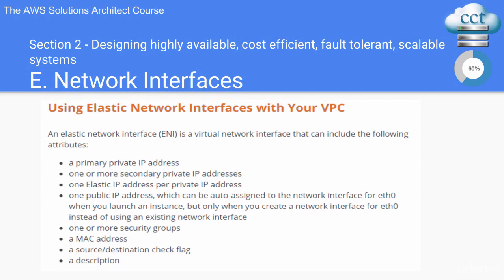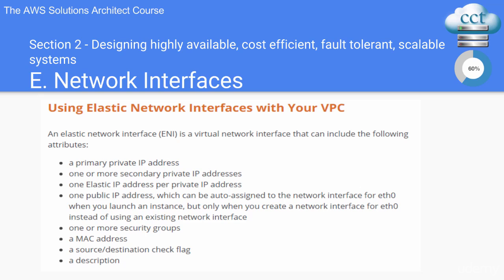The next thing we're going to discuss are network interfaces, and in particular how to use elastic network interfaces with your VPC. Now there's a few points to note on the screen about what an elastic network interface actually is.